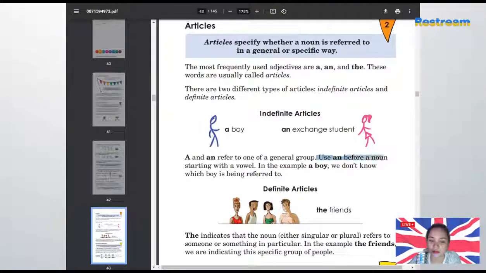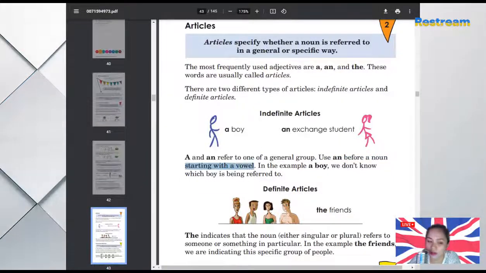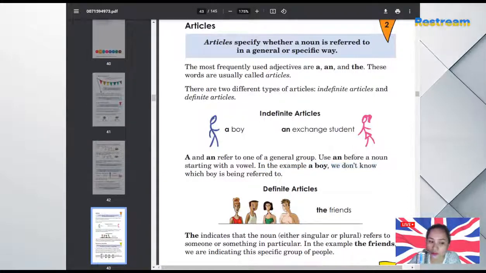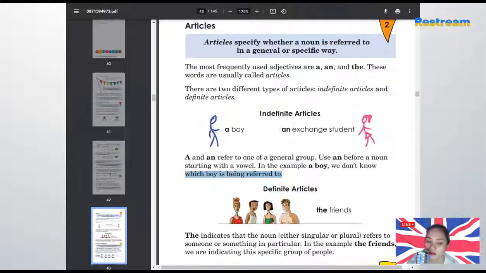In the example, a boy, we don't know which boy is being referred to. So there's no specific noun here, but it uses a common noun, which is a boy.